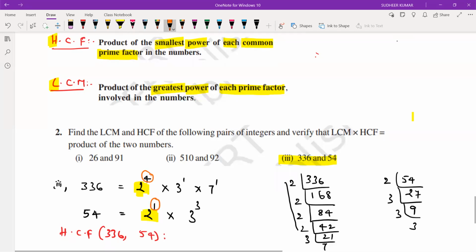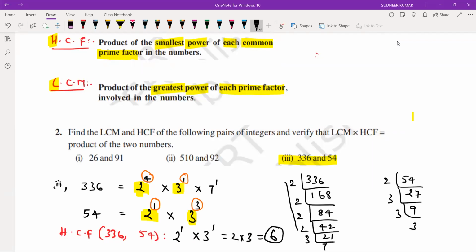So we write 2 power 1 times. Still we have to check whether there are any common prime factors. 3 is also common. The least power is 1, so we write 3 power 1. 2 times 3 is 6. So this is the HCF of these two numbers.